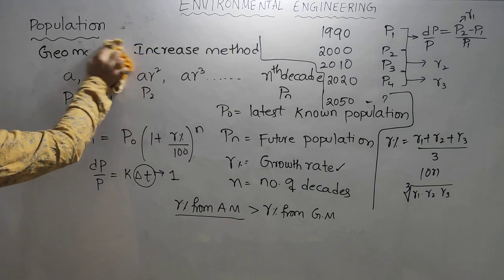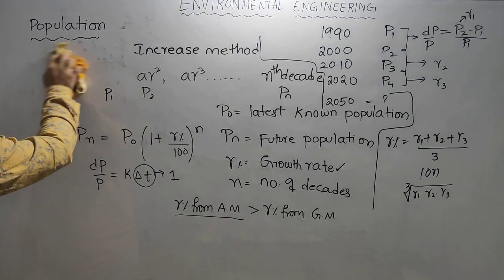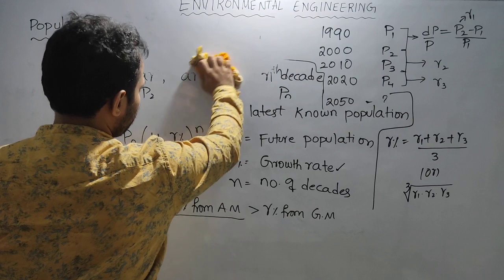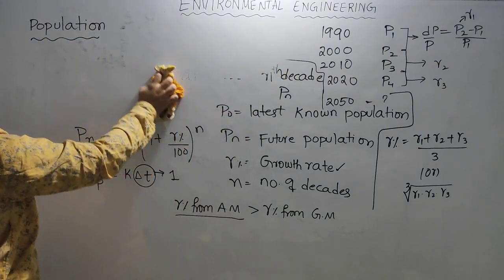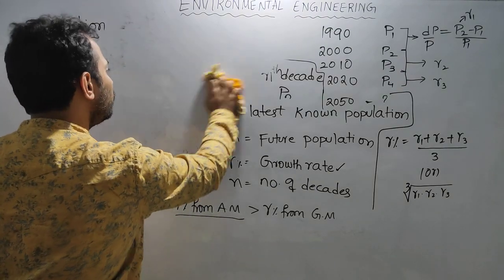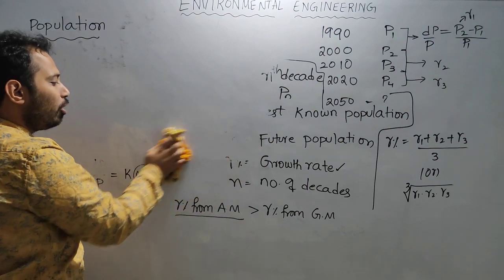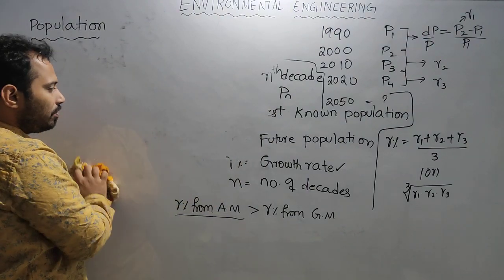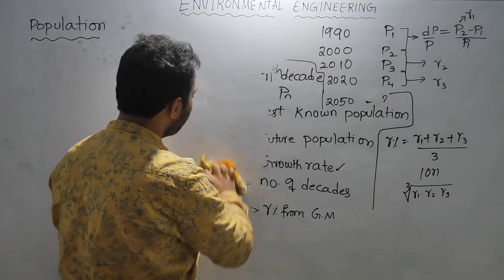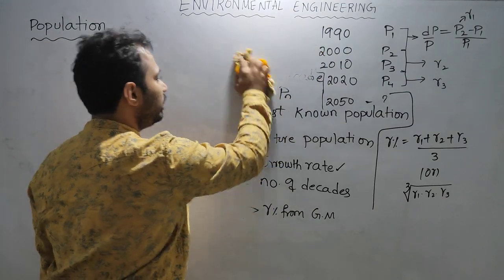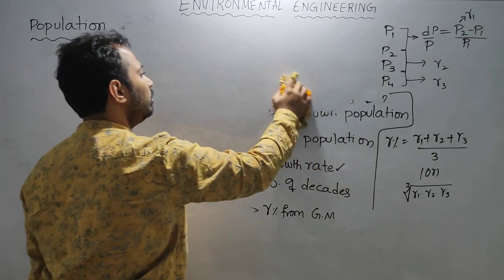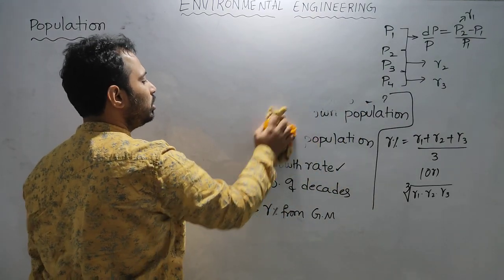Whenever the graph, either a straight line or a curve, is continuous, we can apply the arithmetic or geometric method. It is not having a wave nature. If the curve looks like a wave, going up and down and up and down, the population growth has very erratic behavior and is not following a proper pattern.